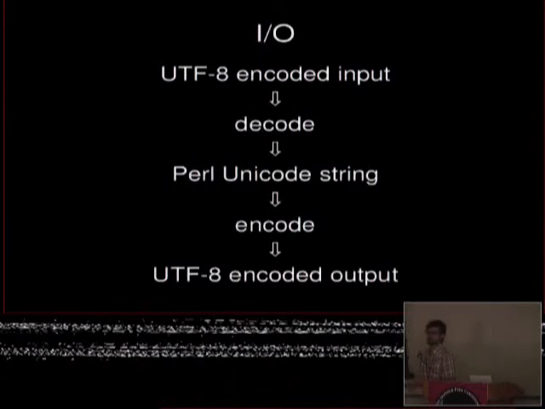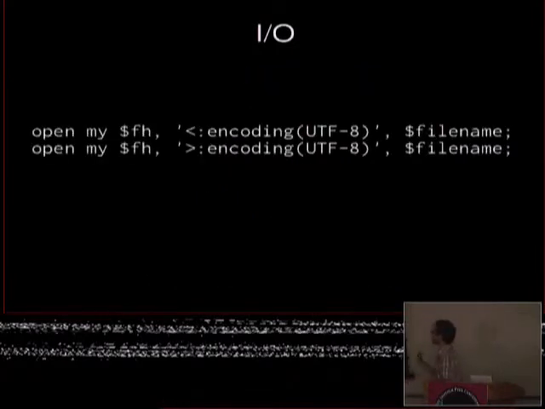Of course, you may have some different input or output. Just replace whatever your encoding is for your input and desired output here. But this is the general flow: you decode on input, you encode on output.